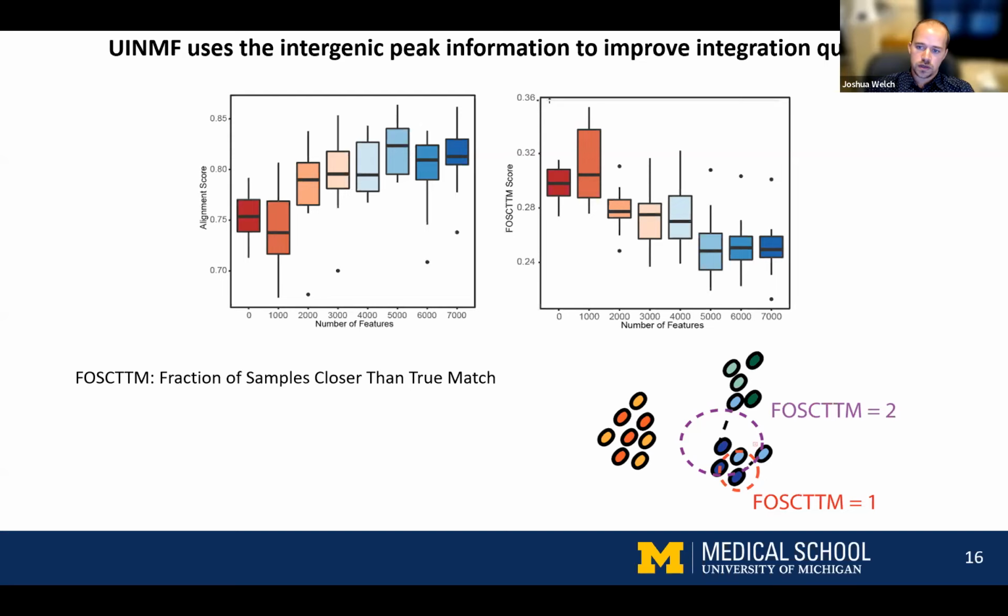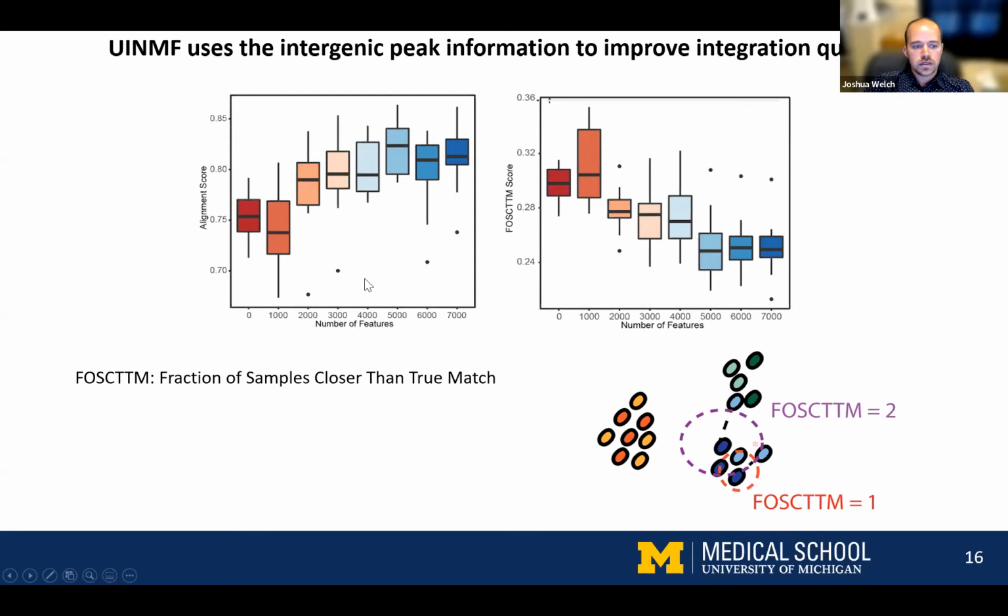So if a cell's nearest match is actually the corresponding profile that it was sampled from, then we've done well, and the FOSCTTM will be 0. If there are 2 cells that are closer than the true match, then we'll have a FOSCTTM of 2, and we can average those values across all cells in the experiment.